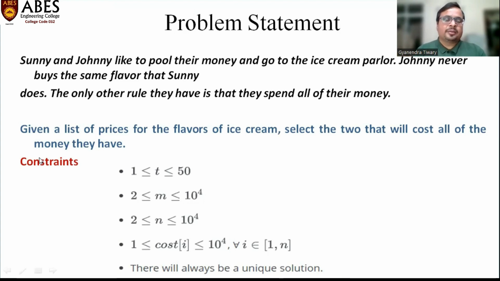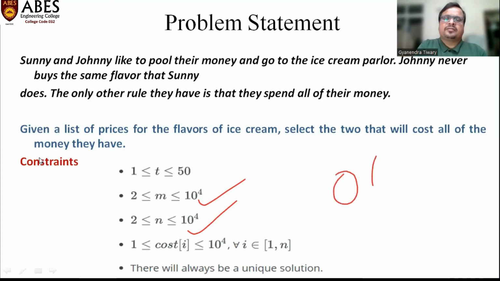Let's look at the constraints. The number of test cases is from 1 to 50, so at most 50 test cases. The total money which Sunny and Johnny can have is from 2 to 10^4, a lot of money. And the total number of elements in this cost array is from 2 to 10^4. So if you see the constraints, the total number of elements in the array is not much, only 10^4.